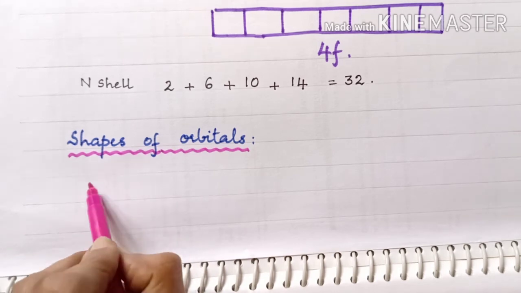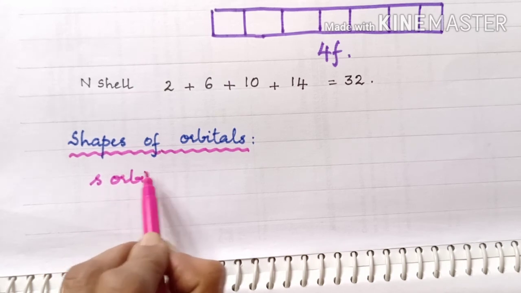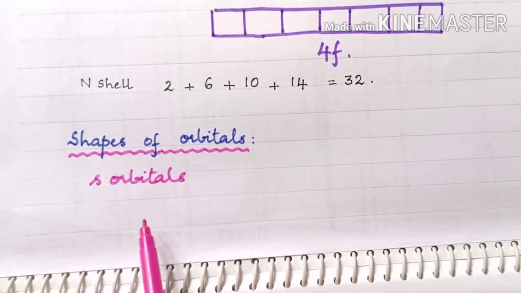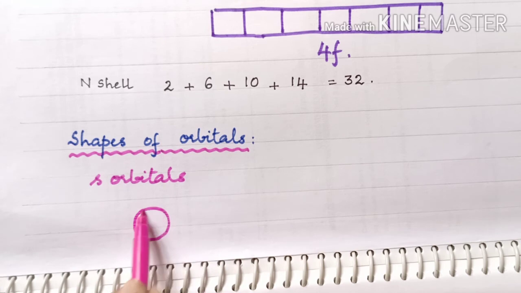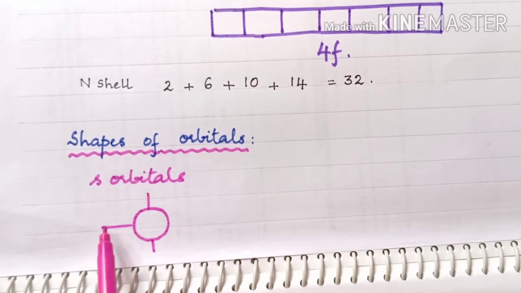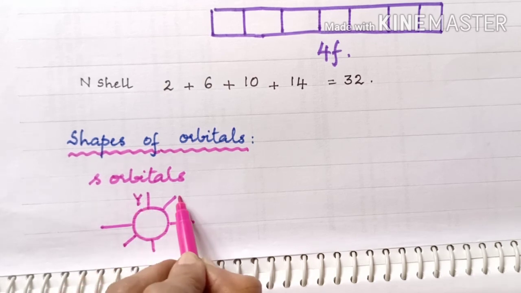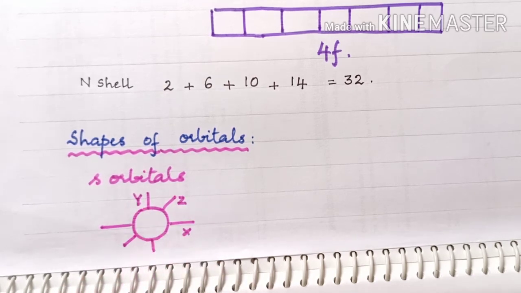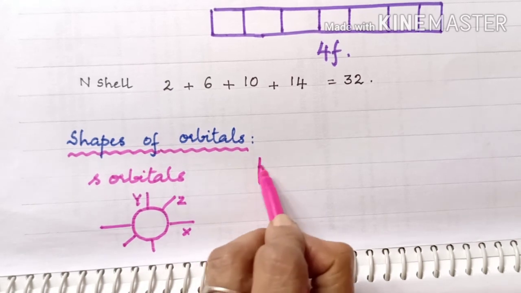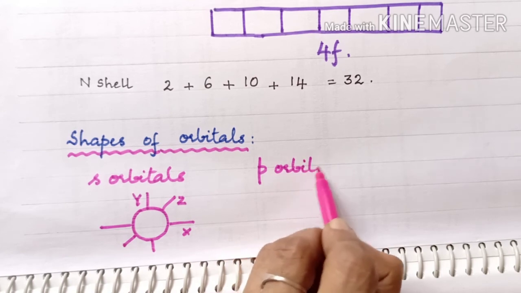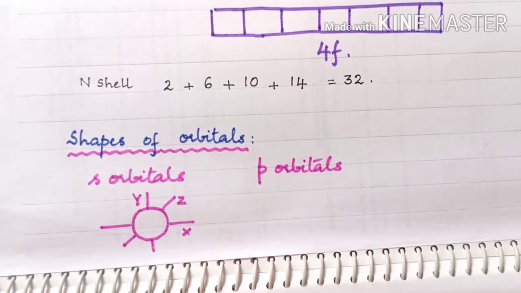S orbitals are spherical in shape. This is the x axis, y axis and z axis. So this is a spherical orbital. P orbitals are dumbbell in shape.